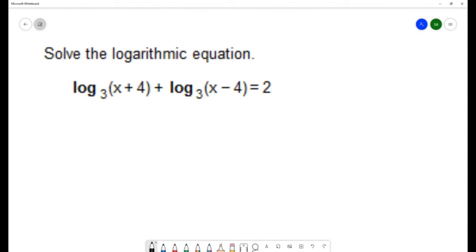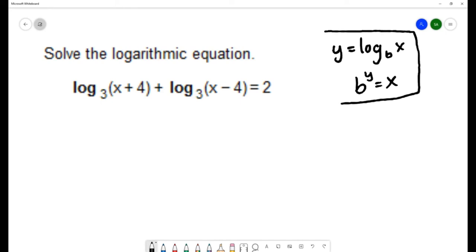So in the method of converting, we start off with a log equation, y equals log base b of x, and we convert that to an exponential. That gives b to the y equals x. That conversion that we do is part of the definition of what a log is.